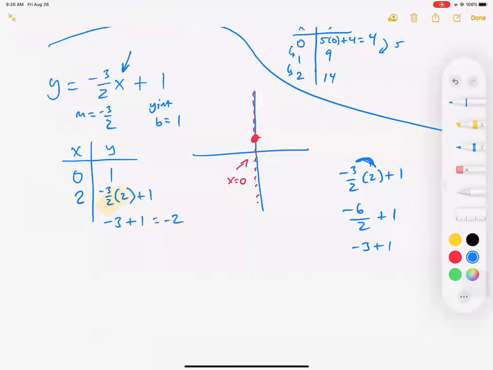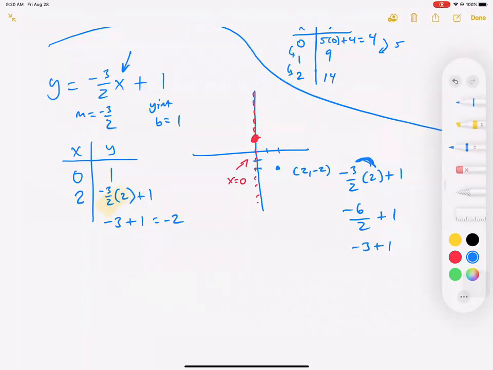Let's find negative 2 here. At 2, we're at negative 2. So this is the point (2, negative 2). But just like in Algebra 1, someone just commented, can't we just graph this? And you're 100% correct. We can just jump to the graph.